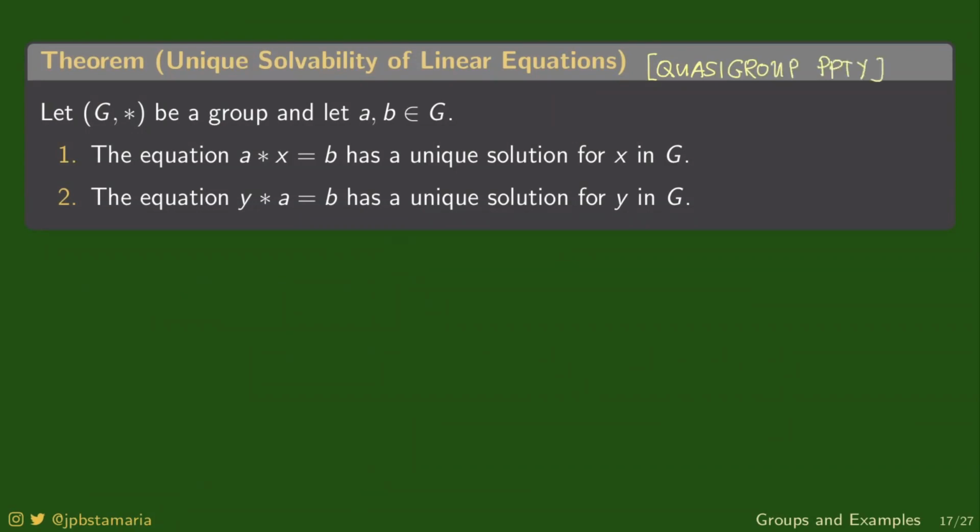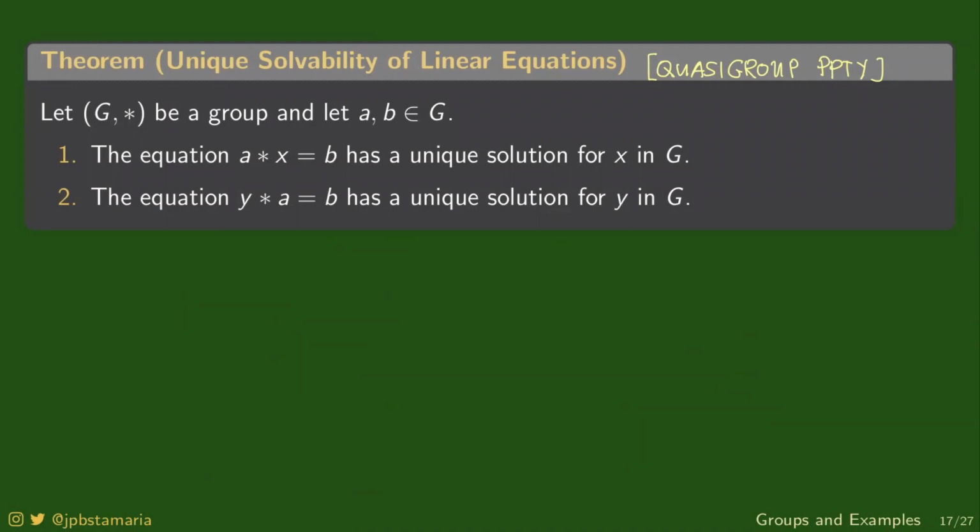You may see some authors refer to this property as the quasi-group property. But I don't want to name things using complicated terms, because this is clearer. It says: in any group, linear equations can be solved uniquely, meaning it has a unique solution.